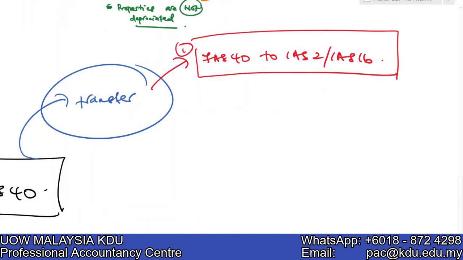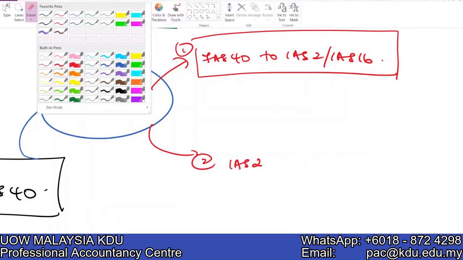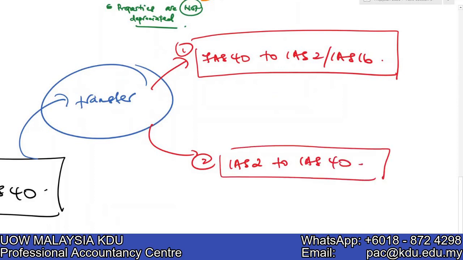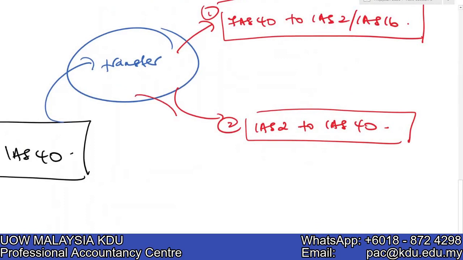Another scenario is transfer from inventory to investment property, IAS 40. So how to account for all this? Another scenario is I transfer from IAS 16 to IAS 40.